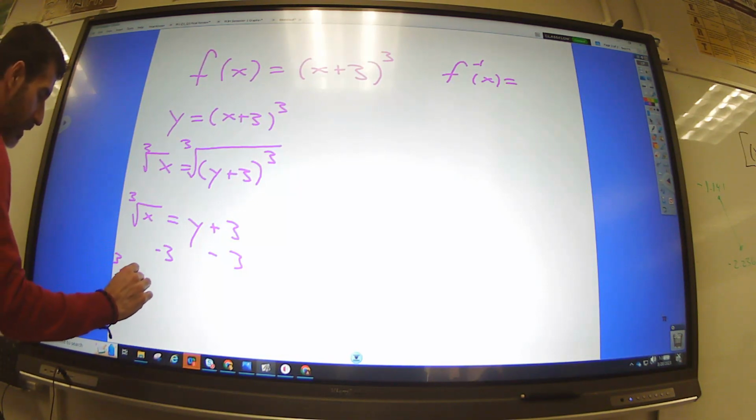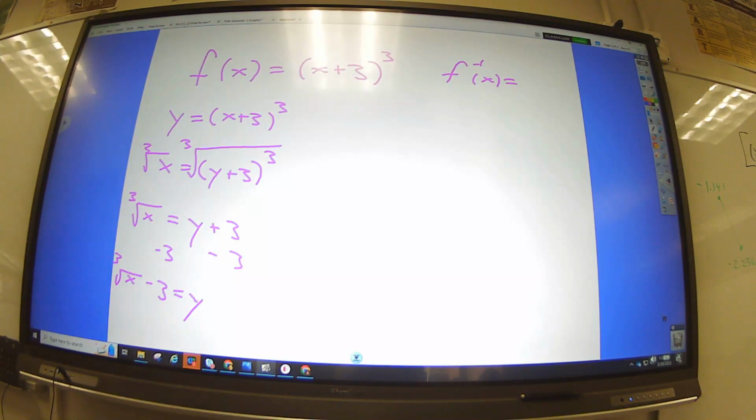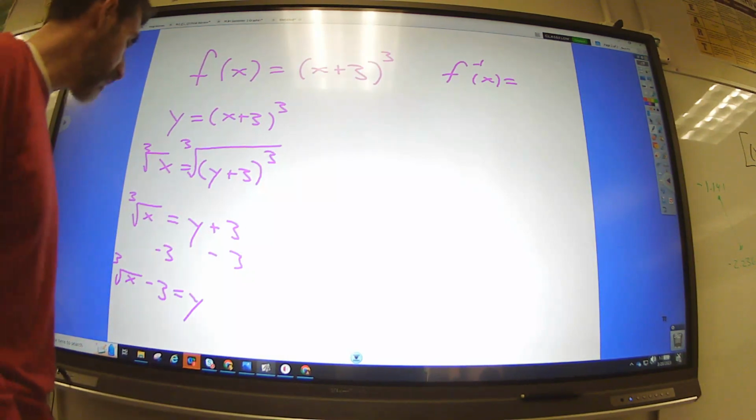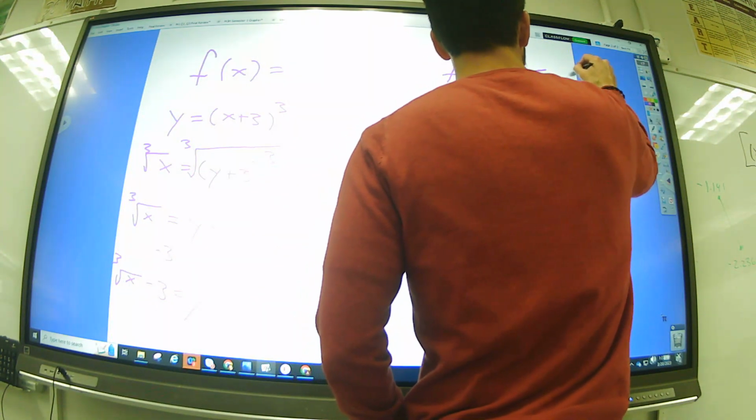Cube root of x minus 3 equals y. I got the y by itself. See how it makes a difference? If I kept the negative 3 in the cube root, that would be an h, but it's not an h. It's a k. So the inverse of f of x is cube root of x minus 3.